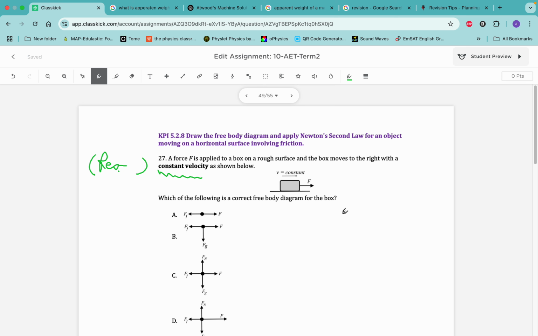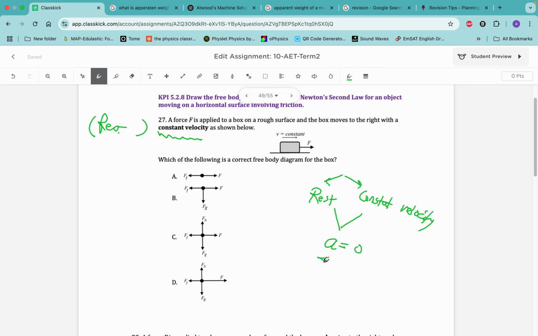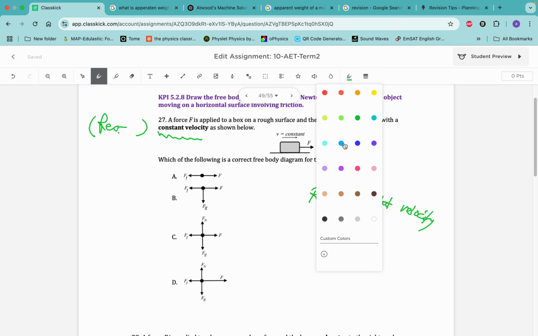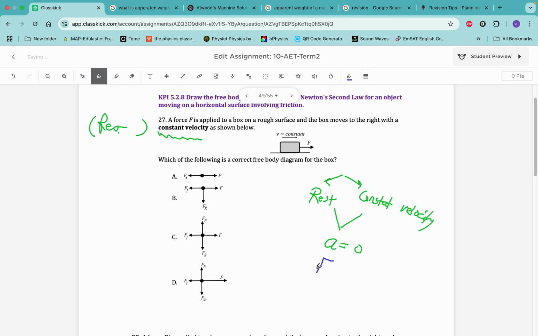So being at rest or moving with constant velocity, in these two cases we have zero acceleration, which means zero net force.